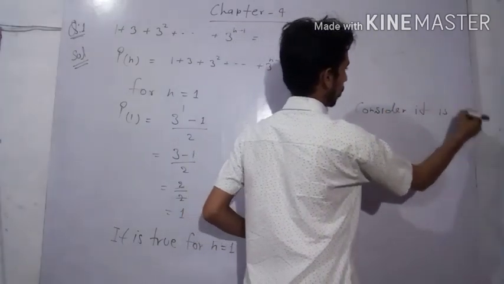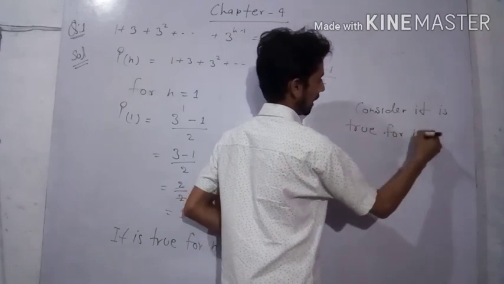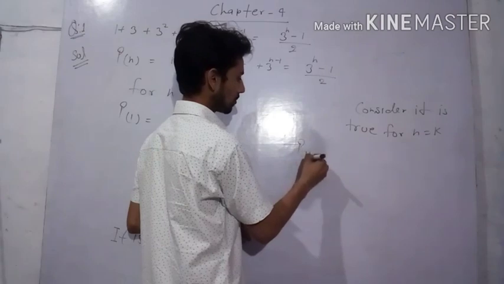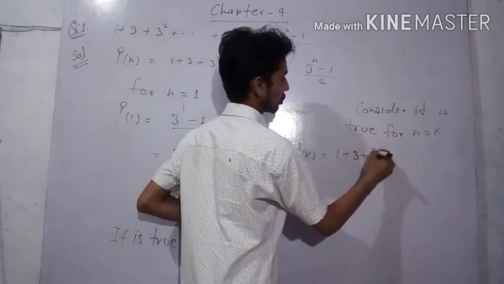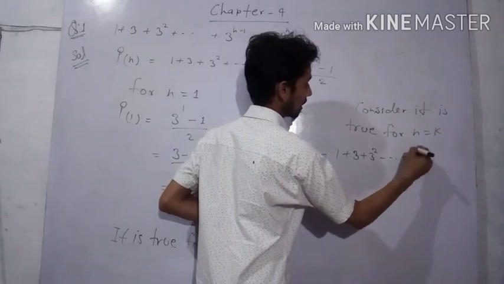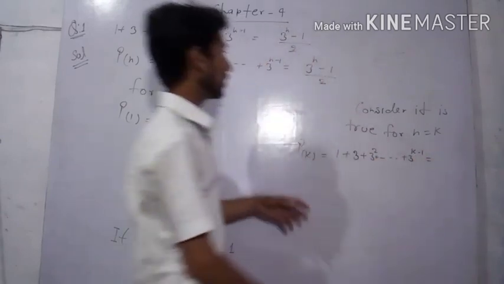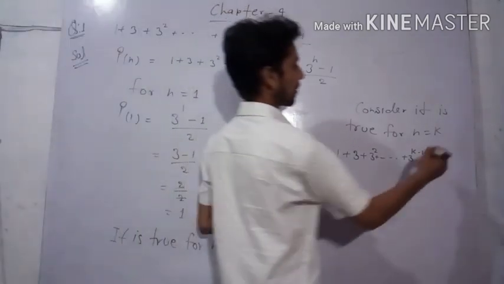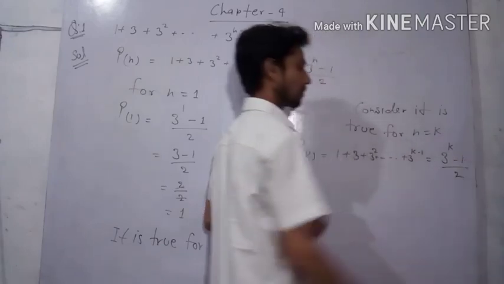Now consider it is true for n equals to k. So Pk: 1 plus 3 plus 3 square plus dot dot dot 3 exponent k minus 1 is equal to 3 exponent k minus 1 upon 2.